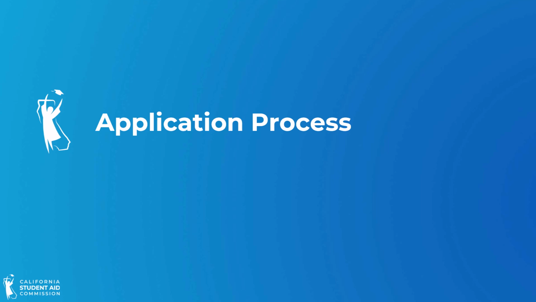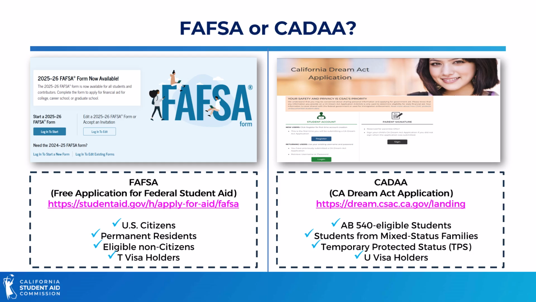Next, let's take a look at the application process on how to apply for a Cal Grant. The path to obtaining any financial aid, including the Cal Grant, begins with completing a financial aid application. In the state of California, there are two financial aid applications.